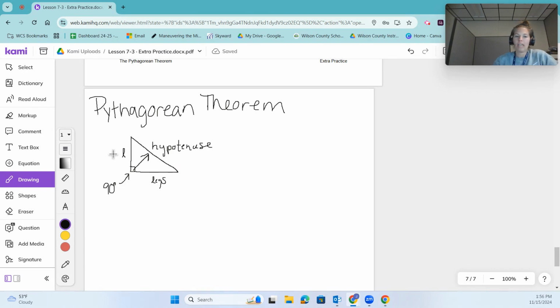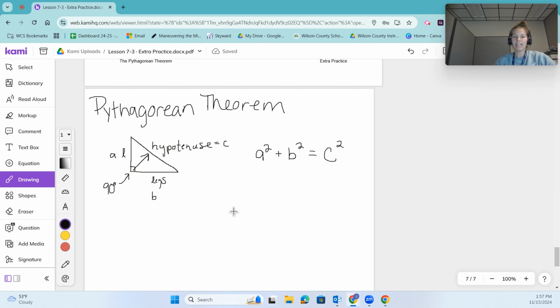In order to write this, we call one of the legs A and we call one of them B, and for the hypotenuse, we use C. We use the formula A squared, which means one of my legs squared, plus my second leg squared equals my hypotenuse squared. So the Pythagorean theorem is a squared plus b squared equals c squared.